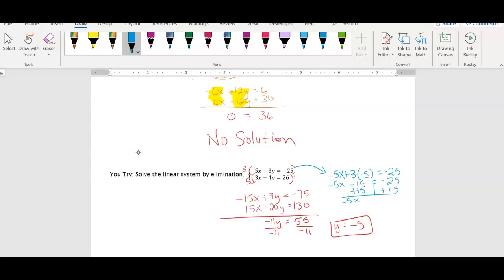So I have negative 5x equals negative 25 plus 15 is negative 10. And then I'm going to divide each side by negative 5, and I get x equals negative 10 divided by negative 5 is 2. So final two answers, x is 2, y is negative 5.